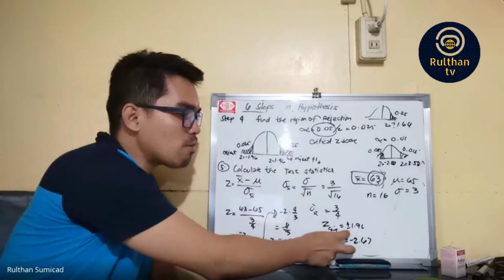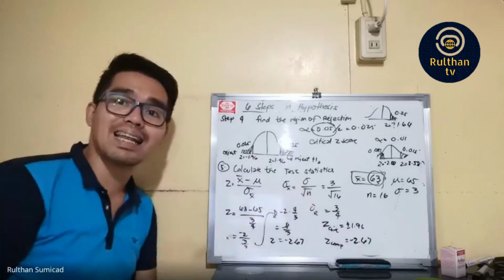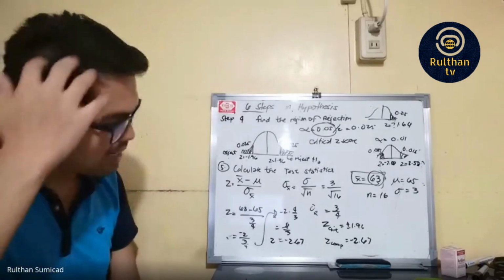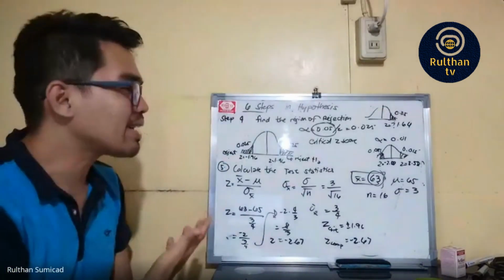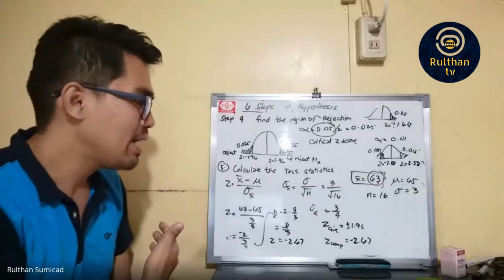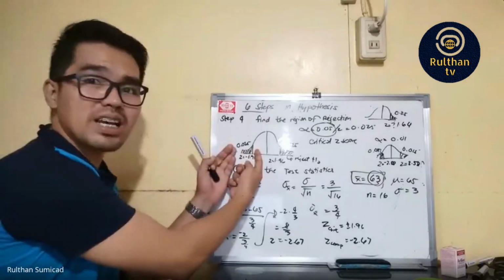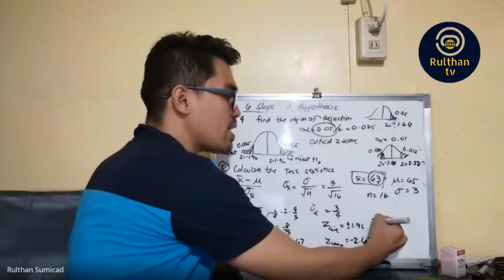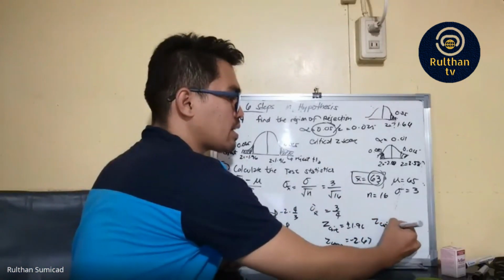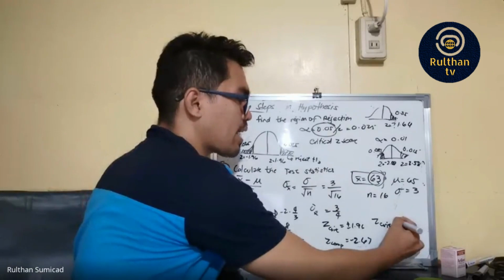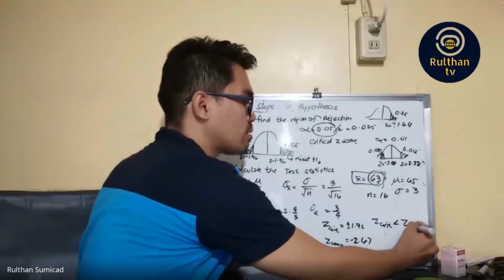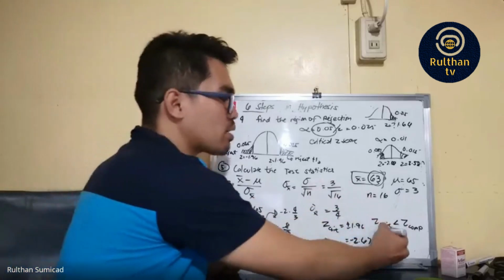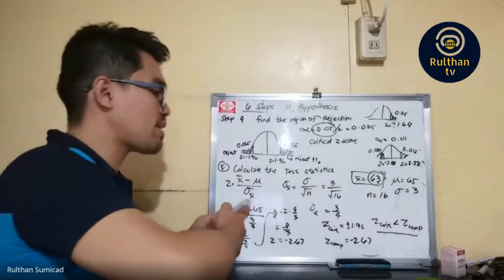Remember, the z computed is less than the z critical. Since the z critical is greater than the z computed, it falls on the rejection area. So if I'm going to write it, z critical is greater than z computed. This is the situation based on the computation in step 5.